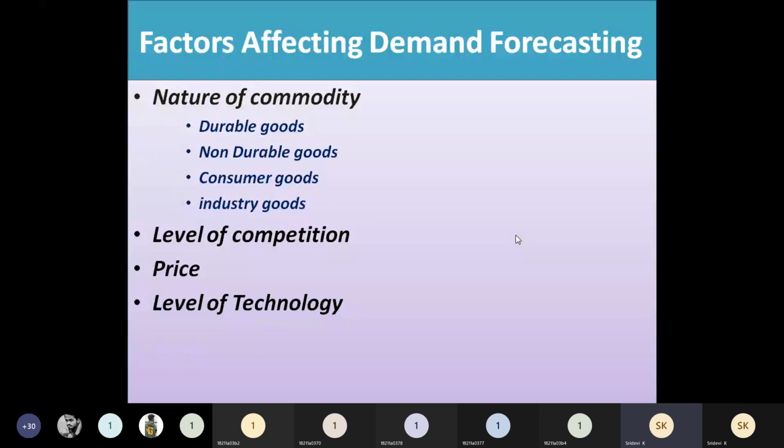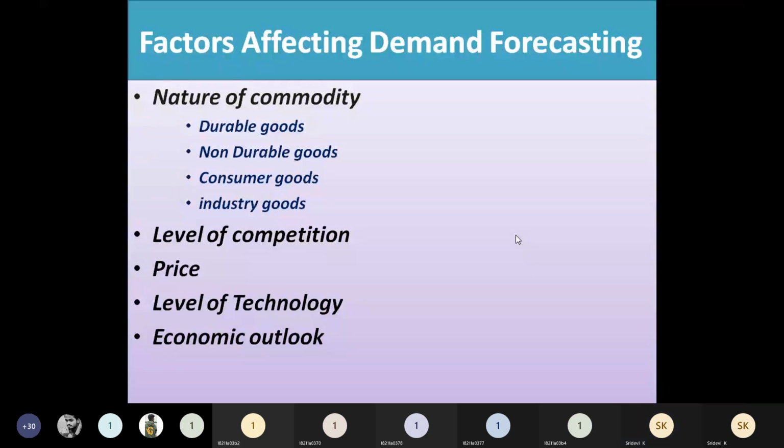And what is the technology that you are using? And what is the economic outlook that is going to be? Economic outlook means like COVID. The economy has been affected, no? Everyone is affected with COVID. So all such things you have to identify. So all these things will affect your demand forecasting, whether to conduct the demand forecasting or not.